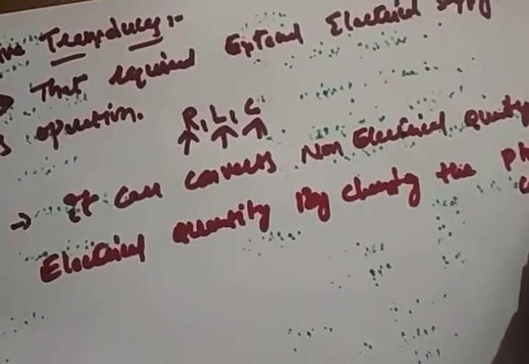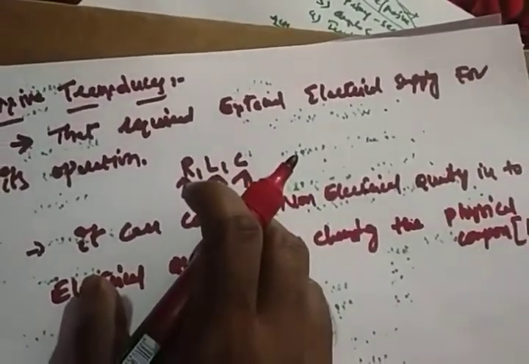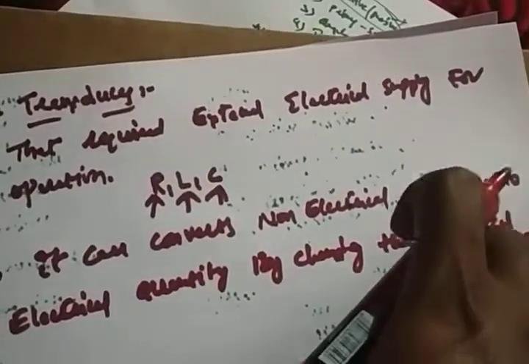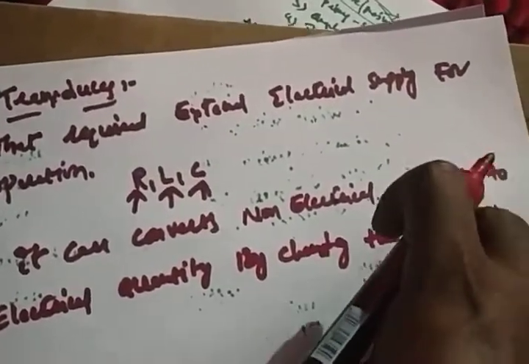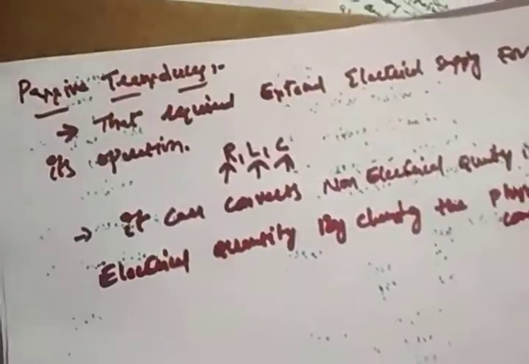What are the physical components? R, L, C, because the passive elements are nothing but resistance, inductance, and capacitance. By changing this resistance or inductance or capacitance, you will convert the non-electrical quantity into an electrical quantity. So there are three types of passive transducers.